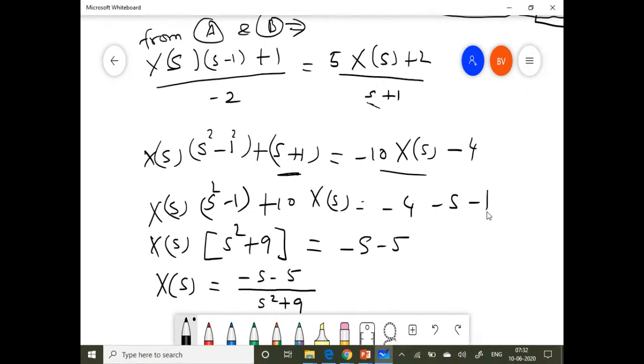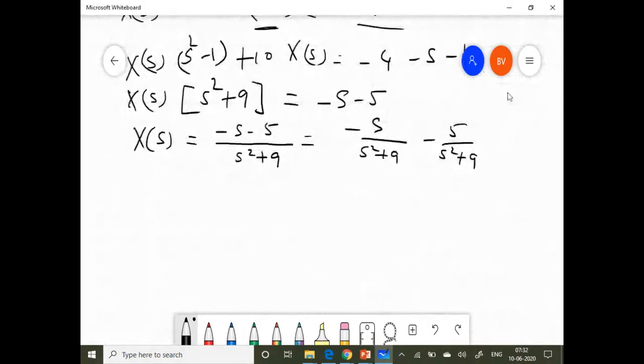Further, we can separate this one: minus s over s square plus 9 and minus 5 over s square plus 9. Now take Laplace inverse on both sides. Laplace inverse gives x of s will be small x of t.